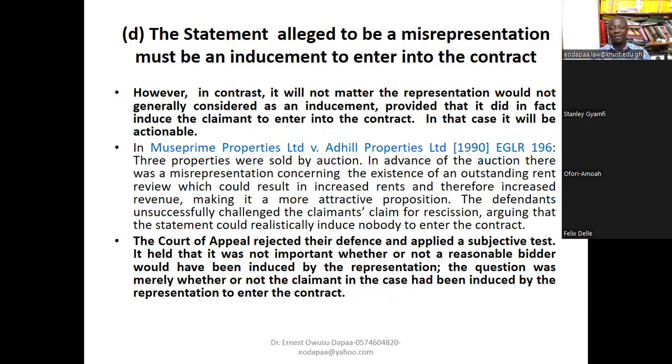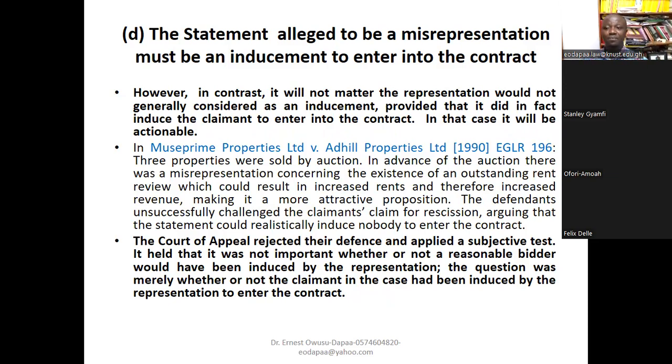Now, the caveat is that it will not matter that the representation will not generally be considered as an inducement, provided that it did in fact induce the claimant to enter into the contract.